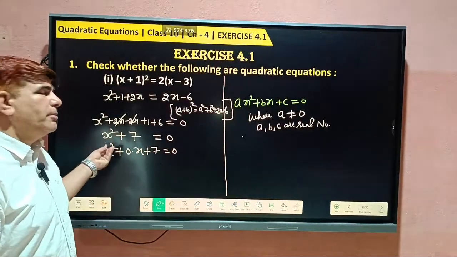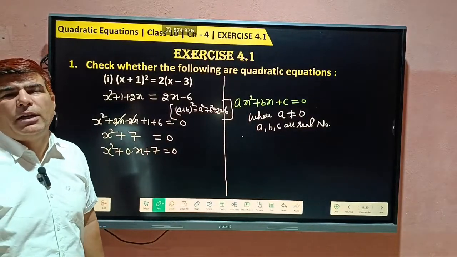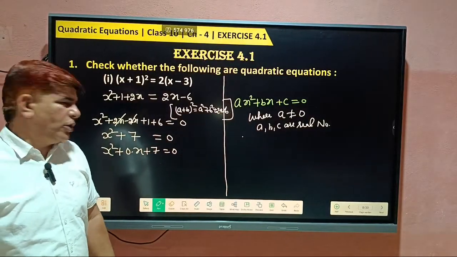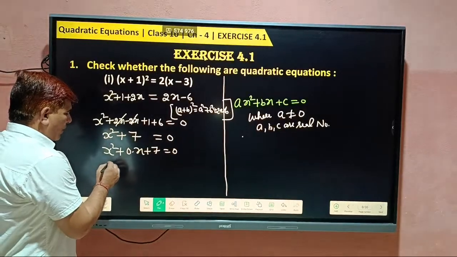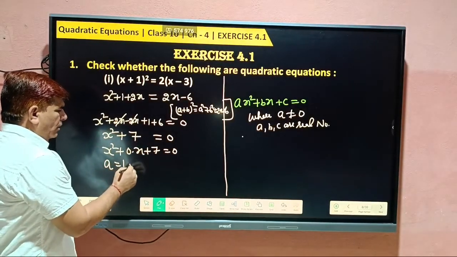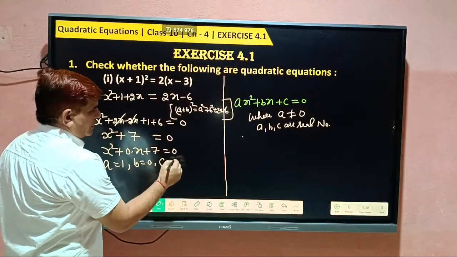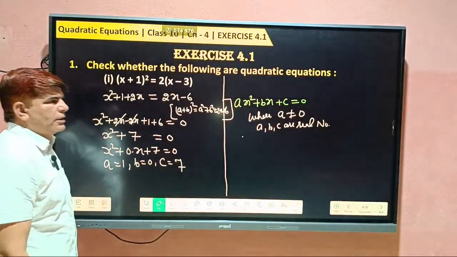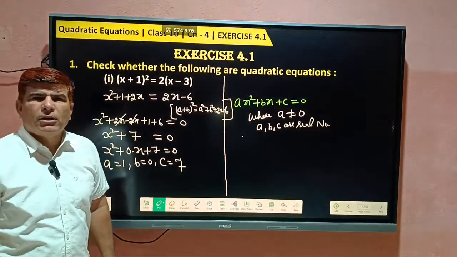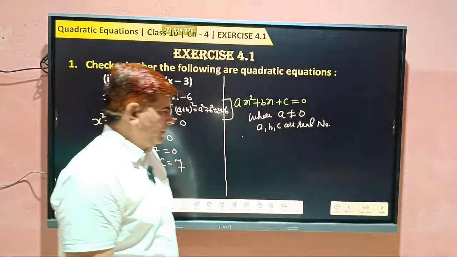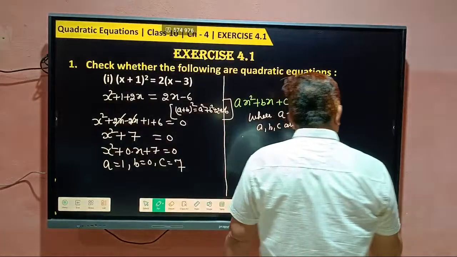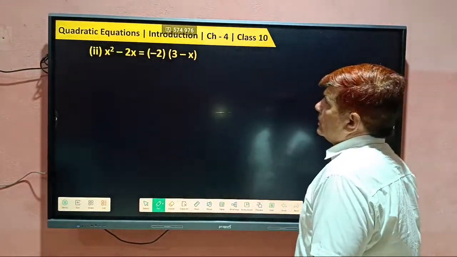The highest power of the variable is 2, so definitely it is a quadratic equation. What's the value of a? If you compare, a = 1, b = 0 and c = 7. So this is a quadratic equation. Easy or not? So easy.